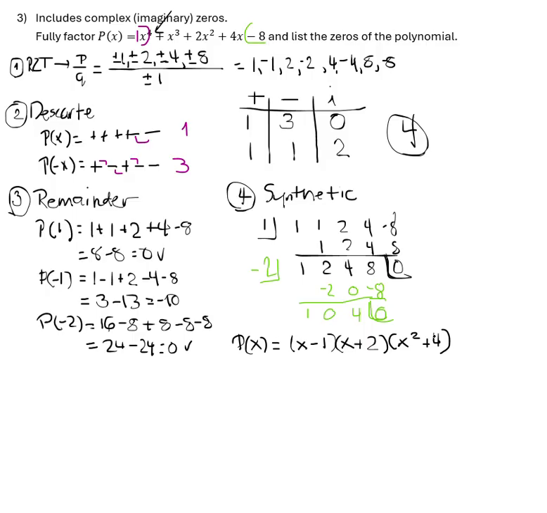Now, we can do the same thing we did in the last example and just set x squared plus 4 equal to 0 to factor this out.